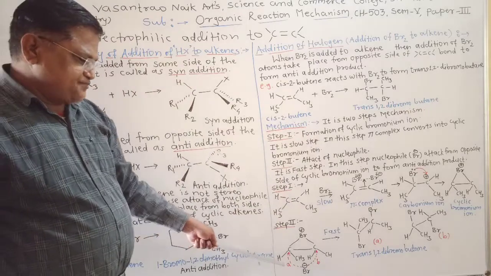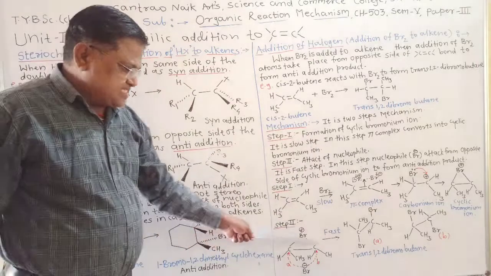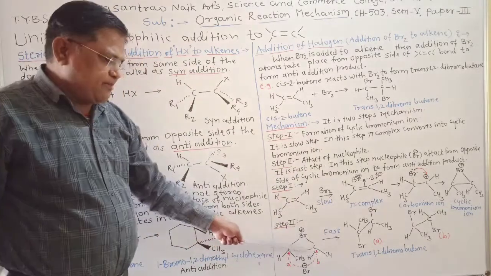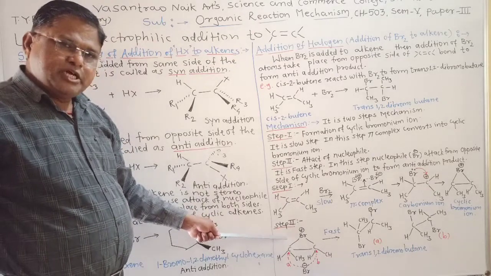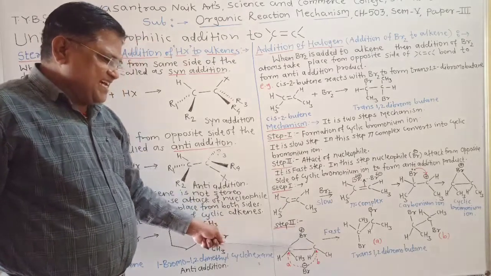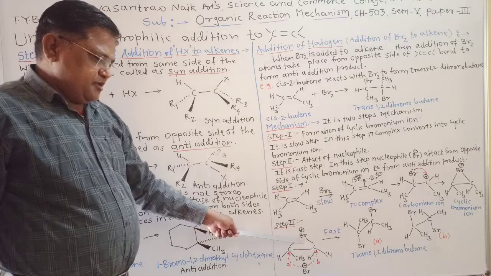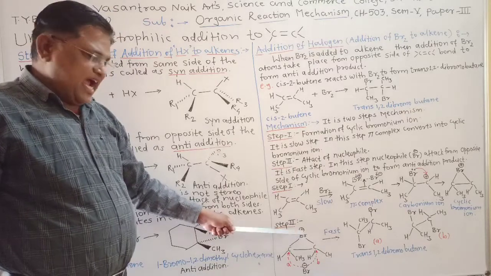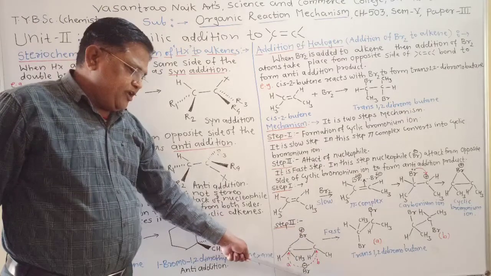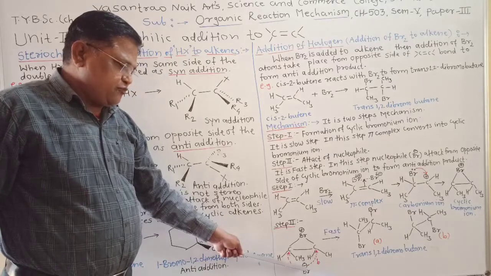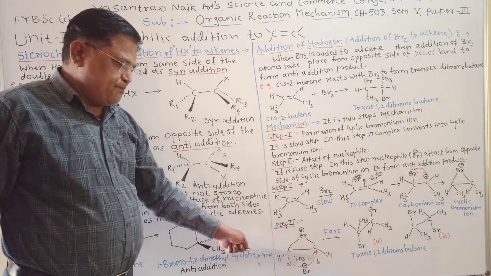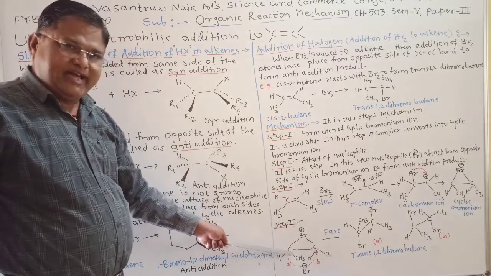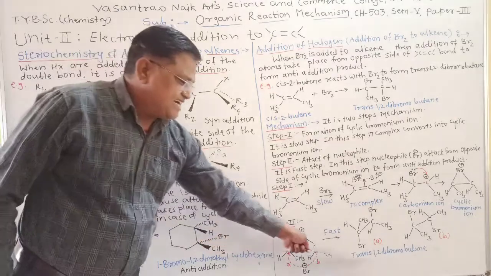In this case, the upper side of cyclic bromonium ion is blocked due to the cyclic ring of bromonium ion, and therefore this bromine nucleophile attacks from the back side of cyclic bromonium ion and therefore we get a trans product.